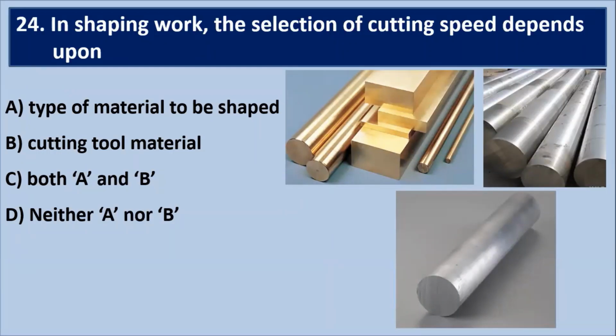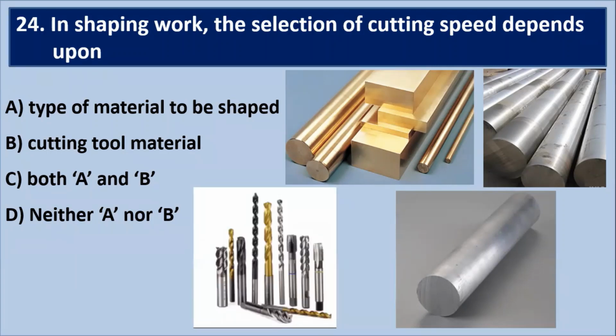It means that different types of materials can be shaped, as well as when we are using different types of cutting tools, right? Even the material will also depend upon which type of material is to be cut. So that's why our answer is both A and B. It means that the selection of the cutting speed depends upon the type of material as well as the cutting tools. Your answer is C.